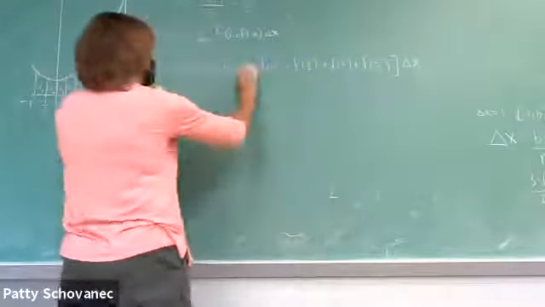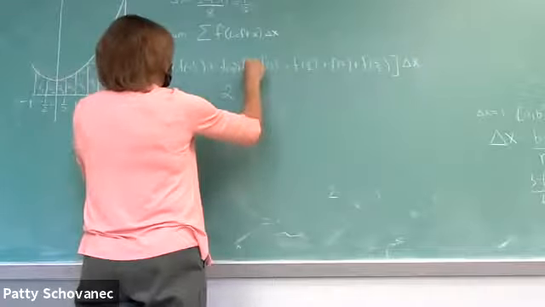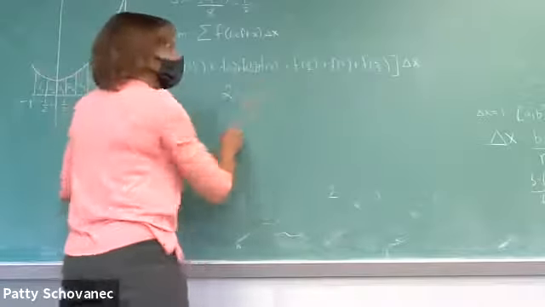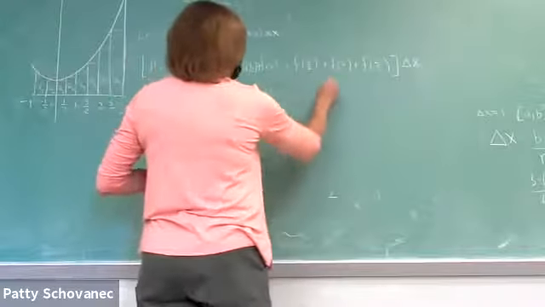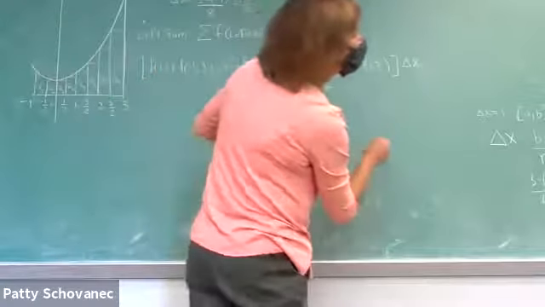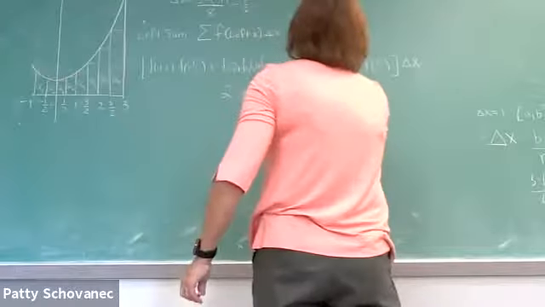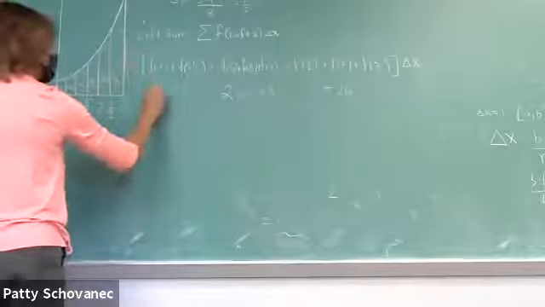Yep, I need one more. Squeeze an f of a half right in here. I do have f of 1. F of 1 was 8. F of 2 was 26. And f of -1 was also 8.